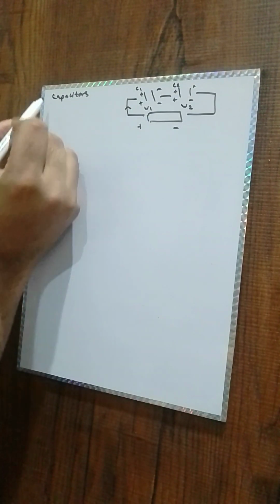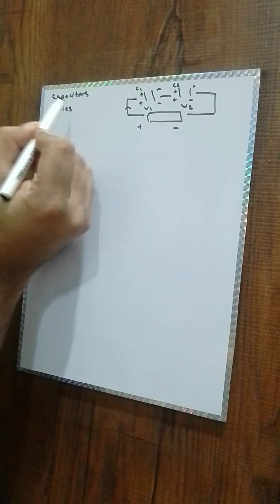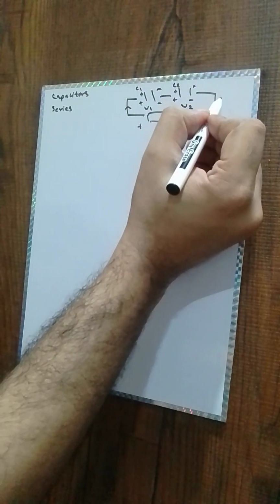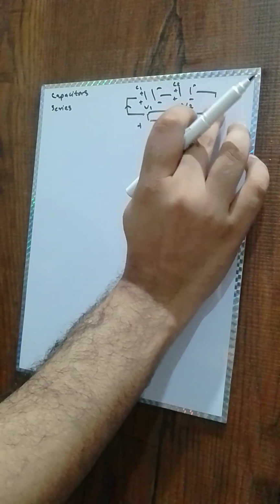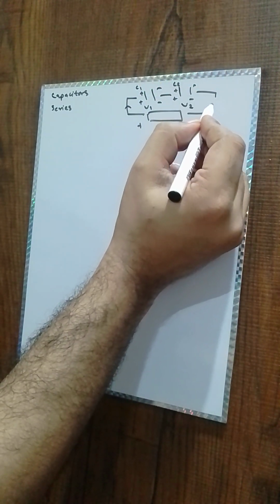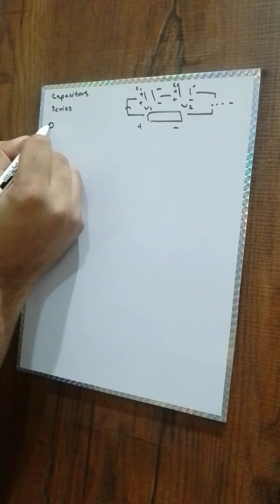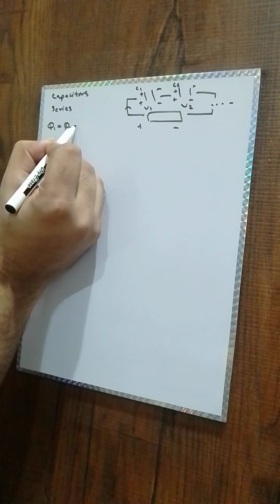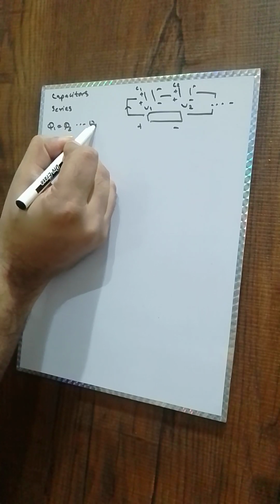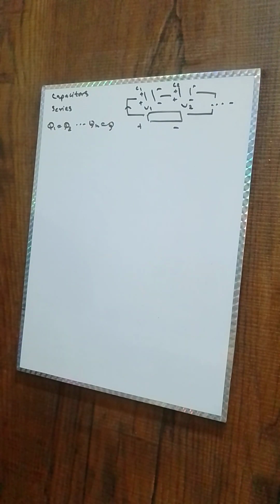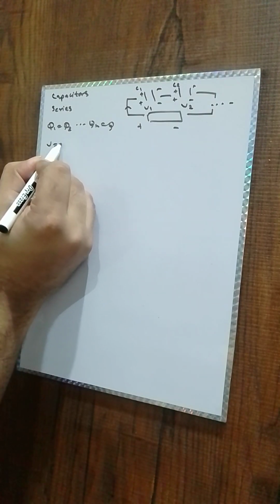So what is going on is this is the situation where we have these in series, and the circuit can be expanded to a possible number of capacitors. Okay, so the charge basically Q1 is equal to Q2 up to Qn is Q. Okay, there's no splitting of the charge, it's the same, but there is this splitting of the voltage across the capacitor.